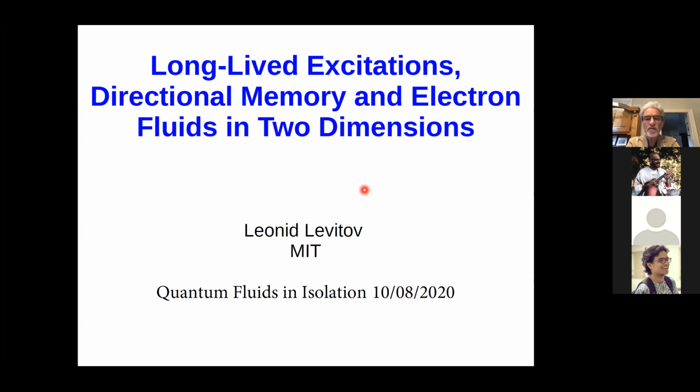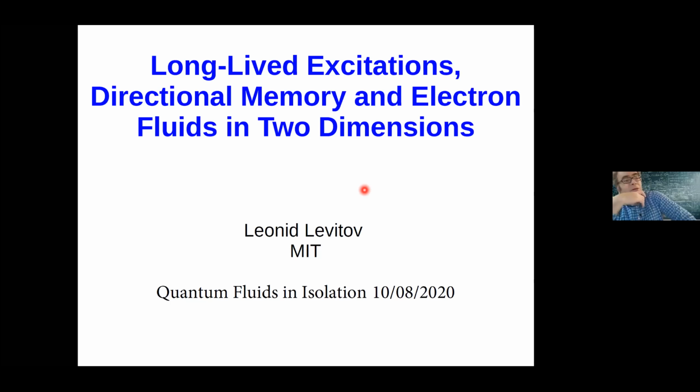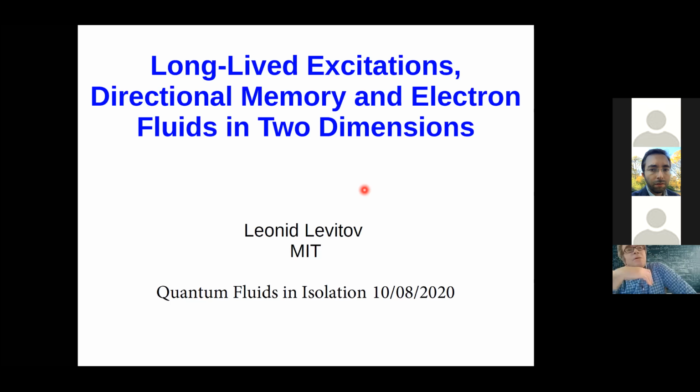So what I want to talk about is two-dimensional electron systems and what kind of hydrodynamics we have in these systems. Two-dimensional electron systems have been in the focus of interest for a long time because interactions between electrons in these systems are much stronger than in 3D, because the Coulomb interaction is unscreened. The 3D Coulomb interaction goes through the 3D space and then comes back to 2D.